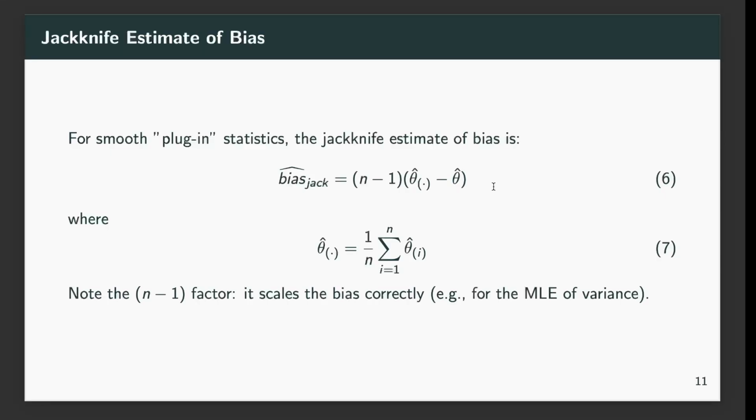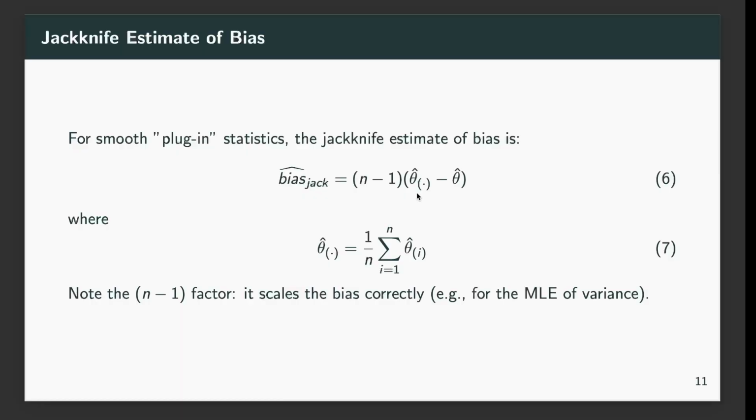Okay, so I want you to understand why we need to multiply by n-1. This is what we call the correction factor, and this is what makes the Jackknife bias work properly. To understand where it comes from, let's think about the bias of, for example, the maximum likelihood estimate of the variance.